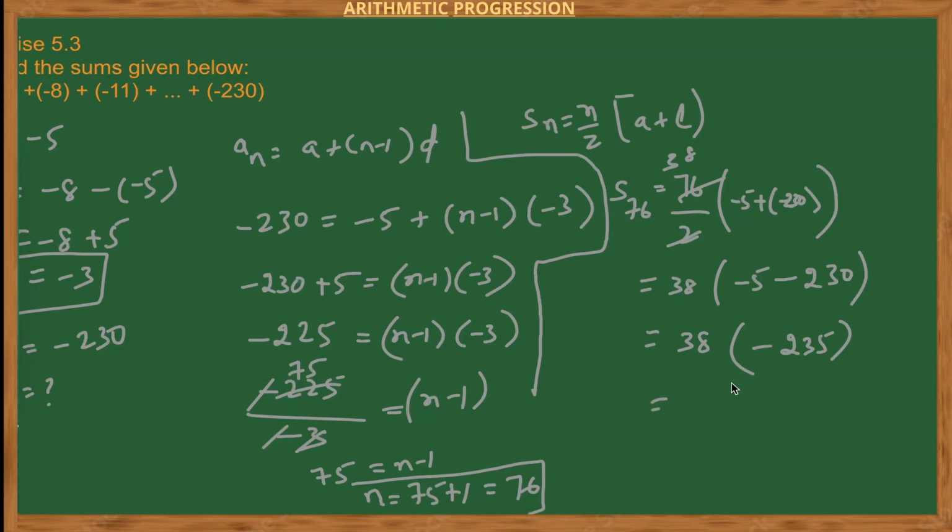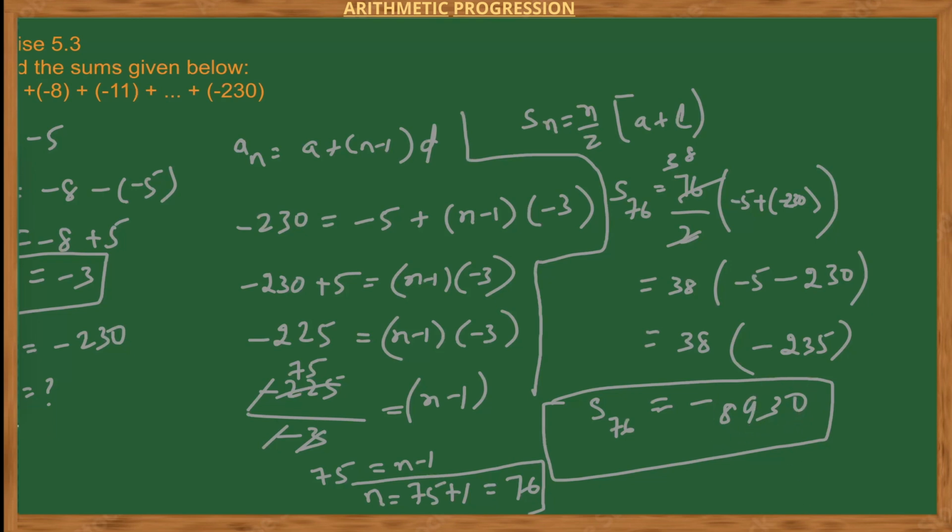Multiplying 38 with 235, the sign will be minus, and 38 multiplied by 235 is 8930. So S76 is equal to minus 8930. This is the sum of the first 76 terms.